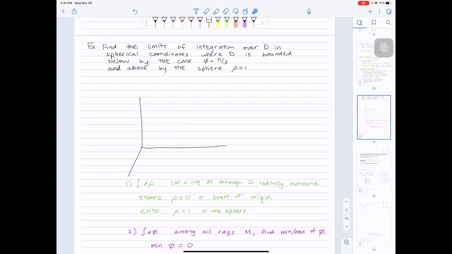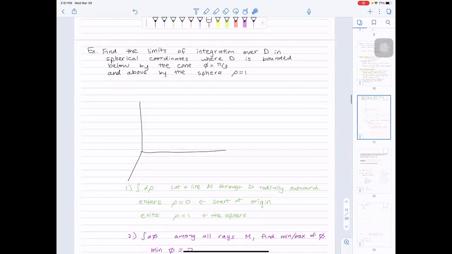If you have spheres, definitely use spherical. Cones, I would also say spherical, but it also depends on what you're given. If the things you're given are in cylindrical, then you might use cylindrical, because otherwise you'd have to do conversions to get to spherical. So it depends on what they give you.